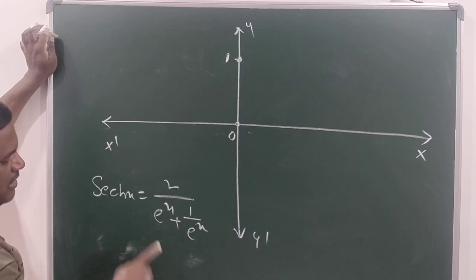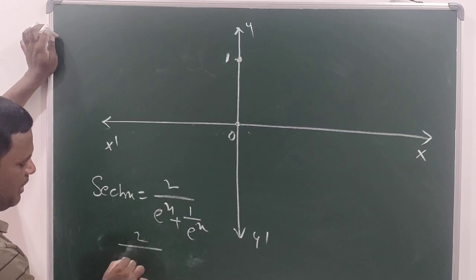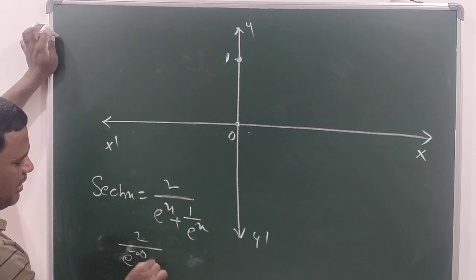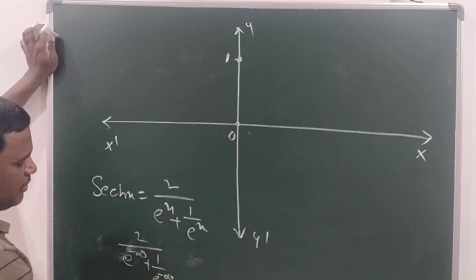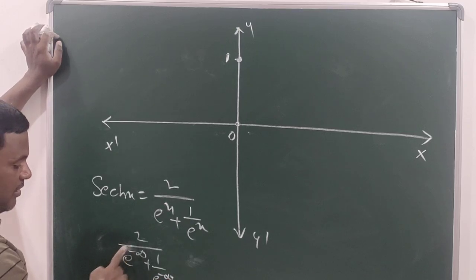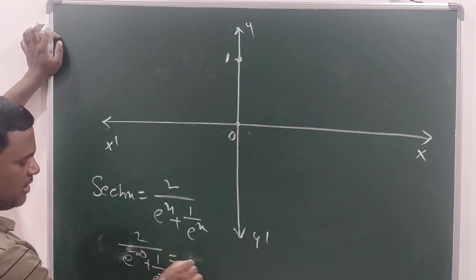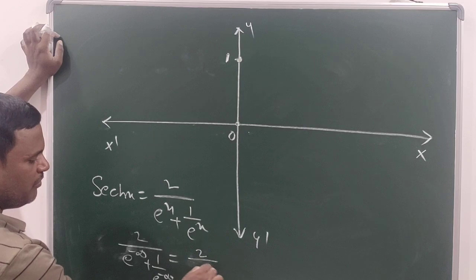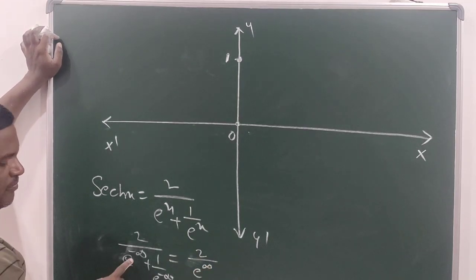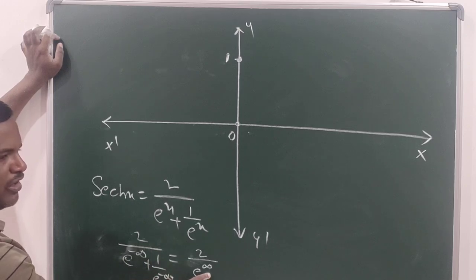Students, here when you put x equal to negative infinity, 2 by e power negative infinity and 1 by e power minus negative infinity. So in the next step, this part becomes 0, this part will go to the numerator, like this you will get 2 by e power infinity. Am I right? So this part becomes 0 and this will go into the numerator like e power infinity.